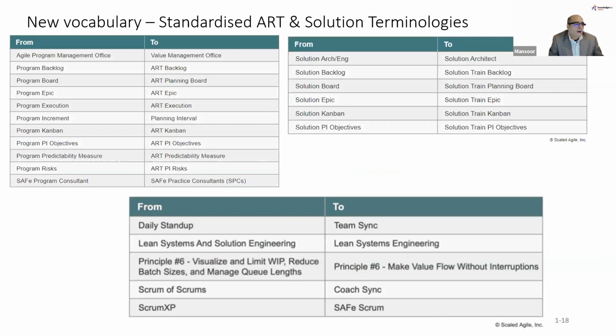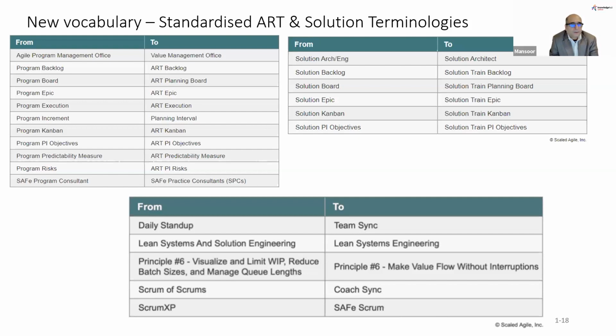Program epic is moved to ART epic, program execution to ART execution. Program increment is now called planning interval. Program Kanban is ART Kanban.